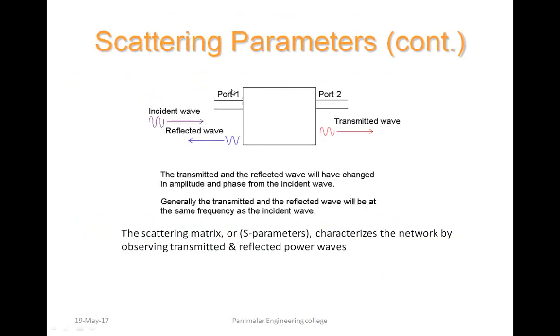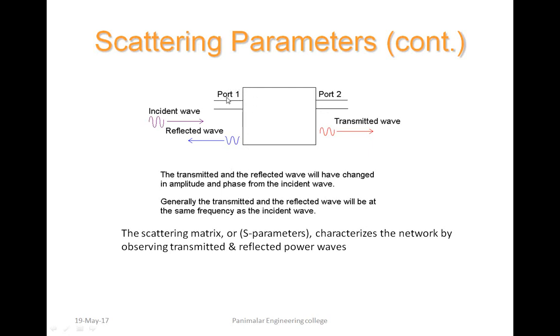So look at the diagram. Again we have a two-port network. Instead of discussing it in terms of the terminals, let us discuss it in terms of ports. We have port 1, port 2. In port 1, we give the input signal that we call the incident wave. Port 1 is connected to a device and the device is connected to port 2. So there are two junctions formed in this diagram.